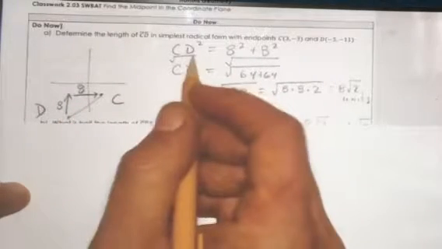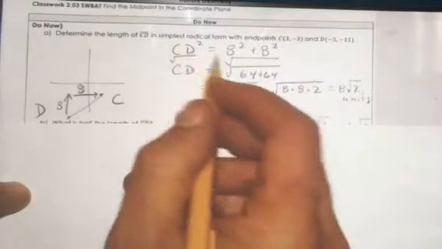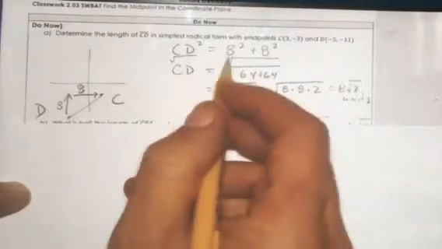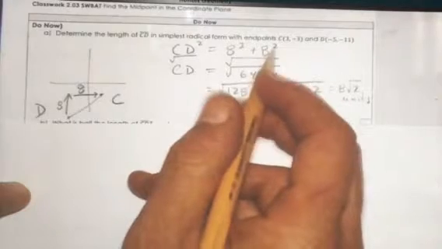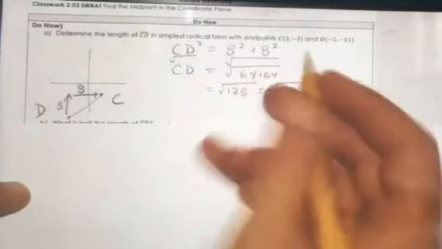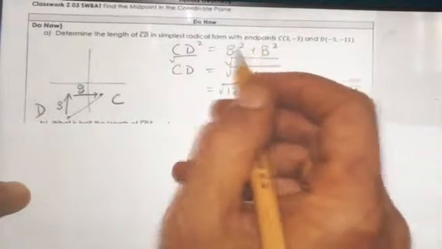So now we use Pythagorean theorem and say that this diagonal squared equals the move up squared plus the move right squared. Now we'll add them together, we'll square them. I don't really like the order that I wrote this in, so I'm going to erase here real quick.